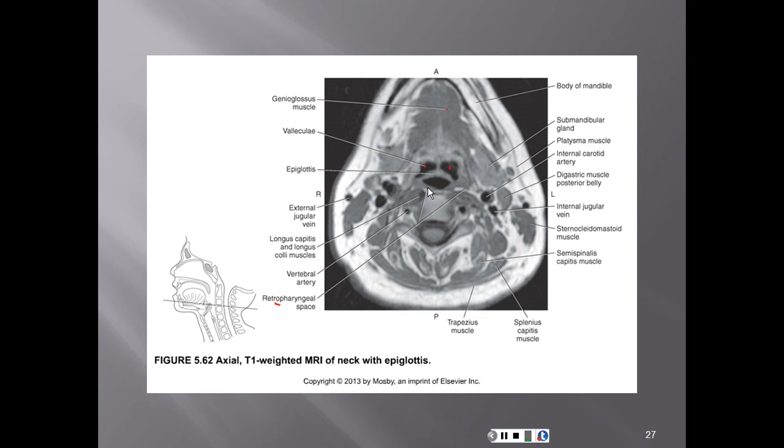The palatopharyngeus muscle. Again, those muscles that peristalse food. Sternocleidomastoid muscle, important on this slide also. Right there. The platysma muscle. And the submandibular gland, salivary glands, again, posterior aspect of the mandible. Anterior would be the sublingual.